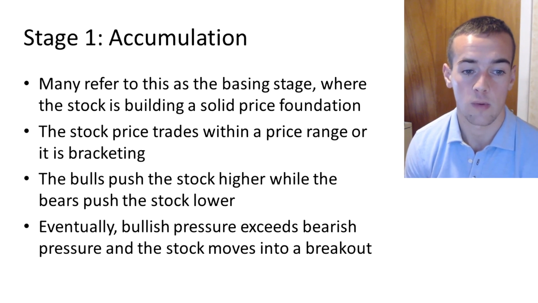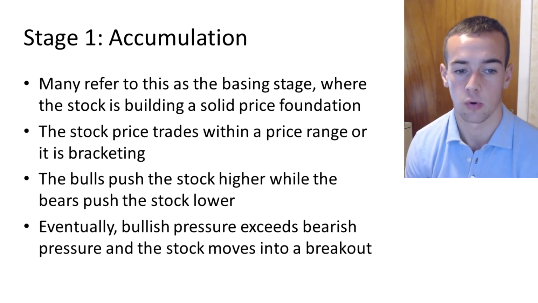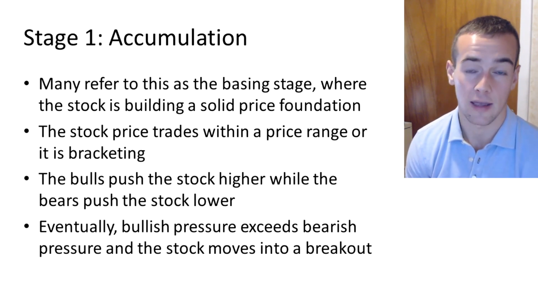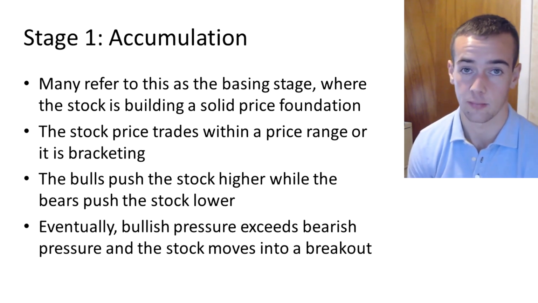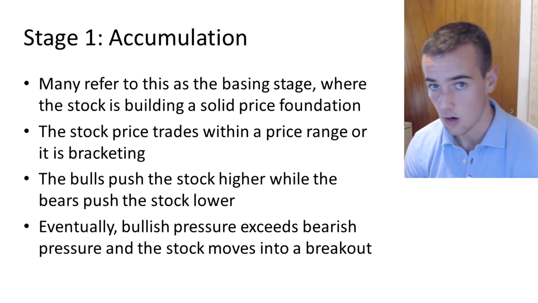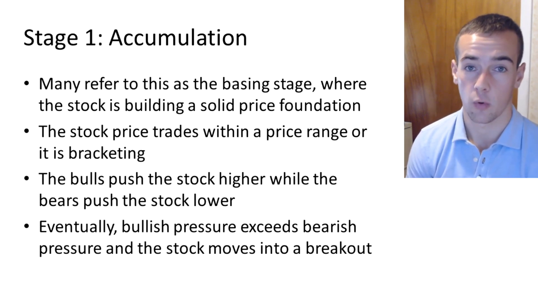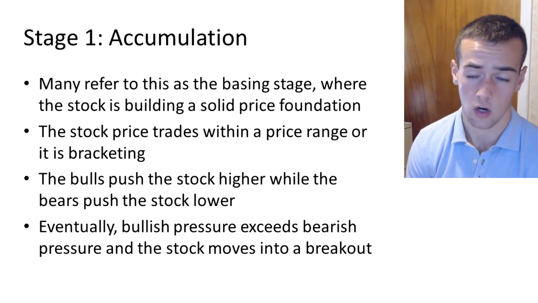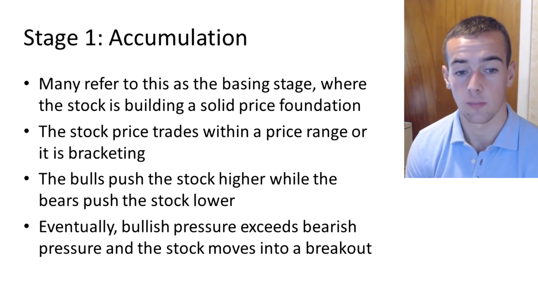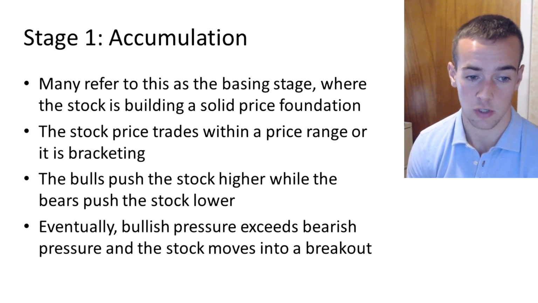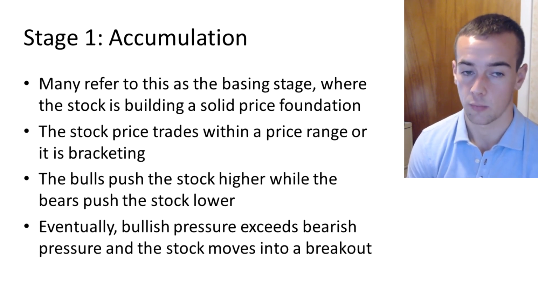The bulls are going to be pushing the stock higher while the bears push the stock lower. So at that point, it's basically a tug of war between the bulls and the bears, and you're going to see the price go up and then back down and then back up between support and resistance areas, and we're going to talk about that a little bit later on. Eventually the bullish pressure exceeds the bearish pressure, and the stock moves into a breakout.